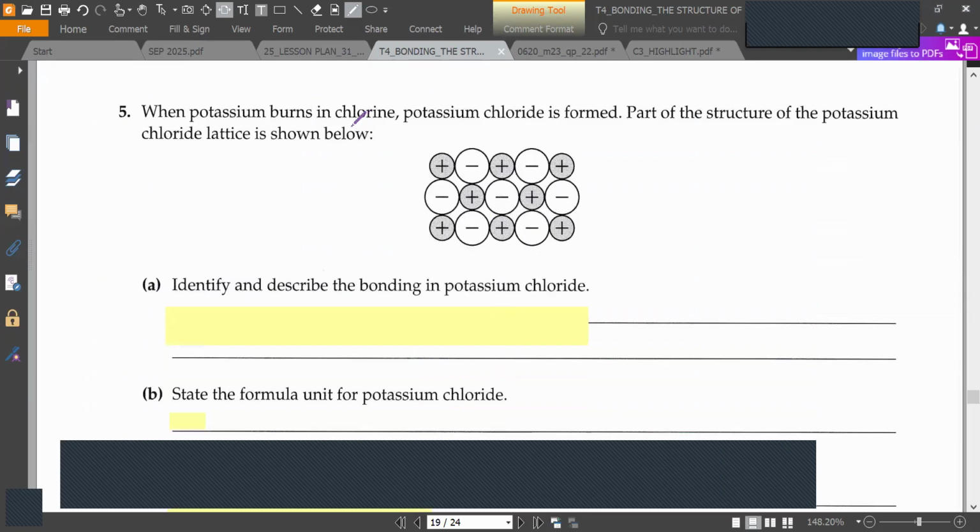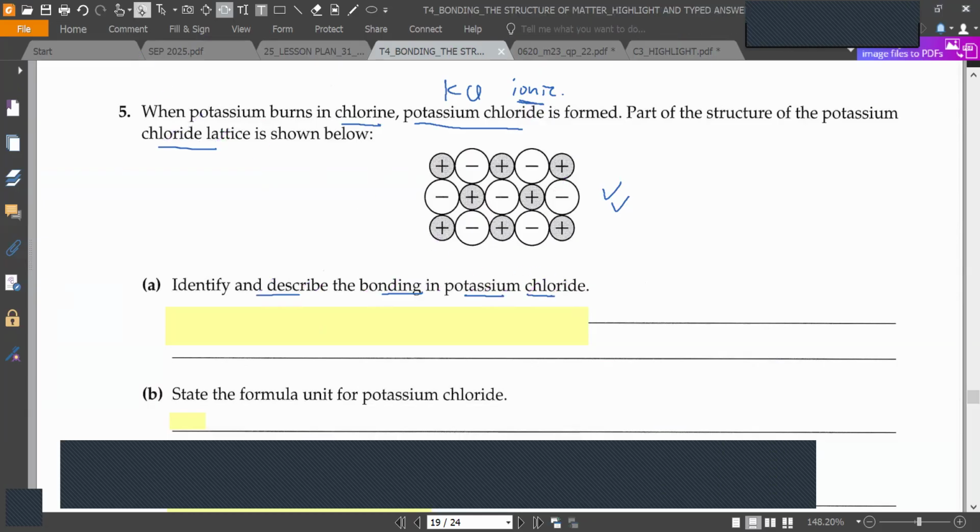When potassium burns in chlorine, potassium chloride is formed. Basically, this is an ionic compound, one metal and one non-metal. Identify and describe the bonding in potassium chloride.